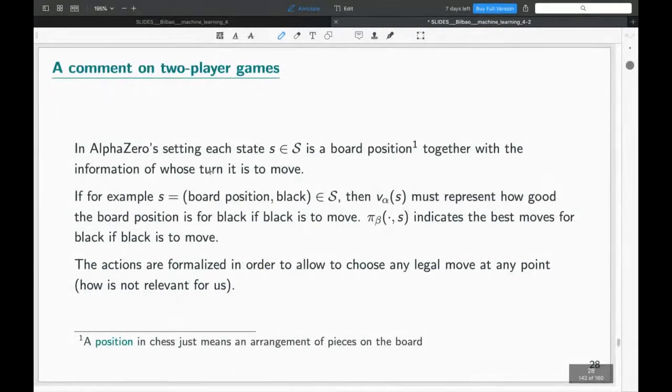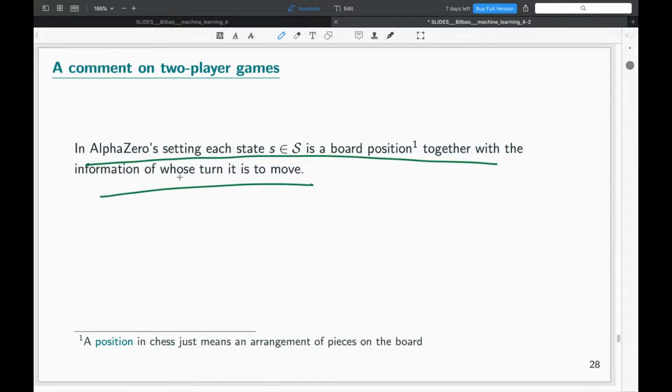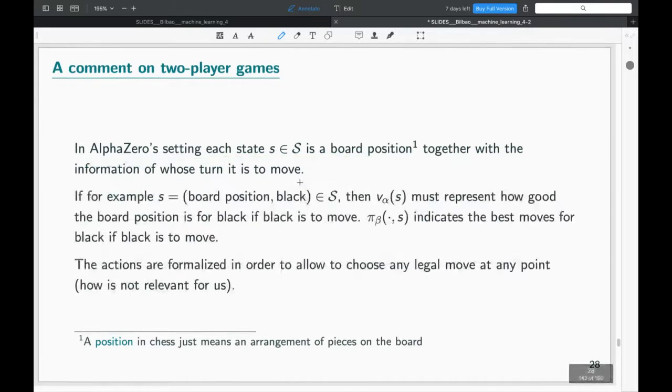Each state is a board position together with the information of whose turn it is to move. So states are just some arrangement of pieces on the board and then information of who has to move next, white or black.